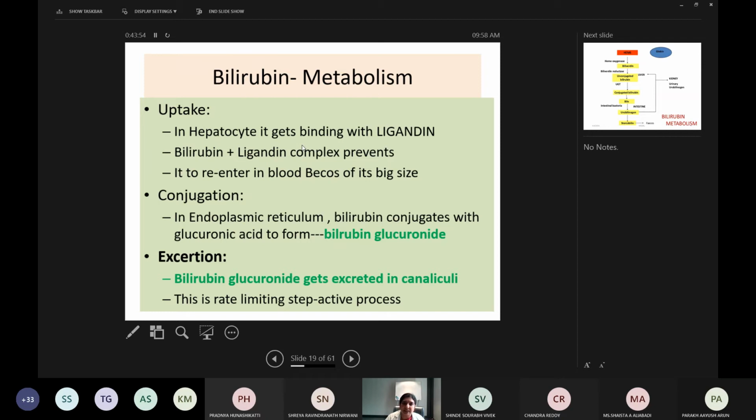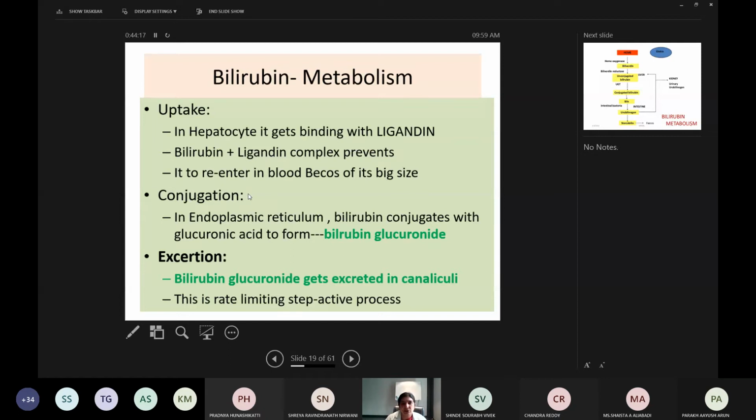It is required for bile synthesis in the hepatocyte, but a few of the bilirubin will enter the blood, which is used for hemoglobin synthesis again. But here in the liver it is required for bile synthesis, so it binds with ligandin and stays in the hepatocyte so that bile is formed.